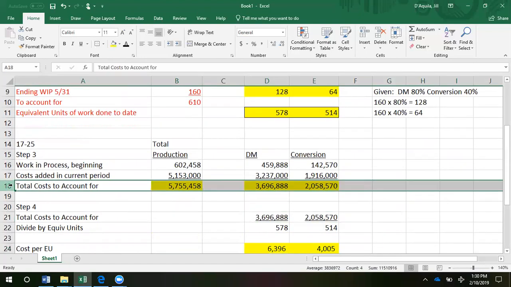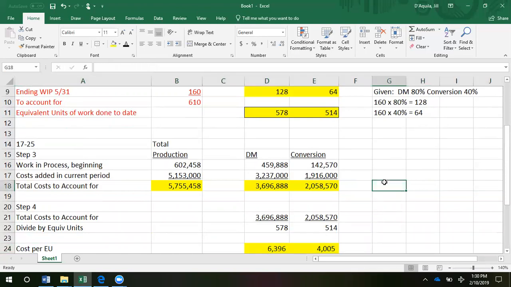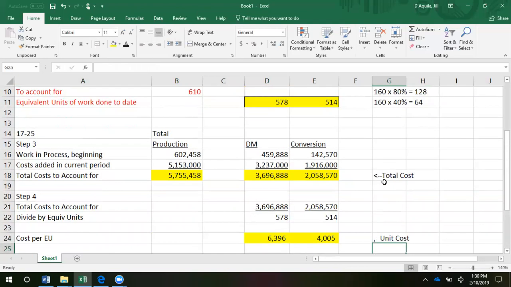So over here we're dealing with total, and over here we're dealing with a unit cost. I'll highlight that. Total cost. And this one here, unit cost. And the reason why I needed to figure out unit cost is I've got my equivalent units here, equivalent units here. One is for materials, one is for conversion.